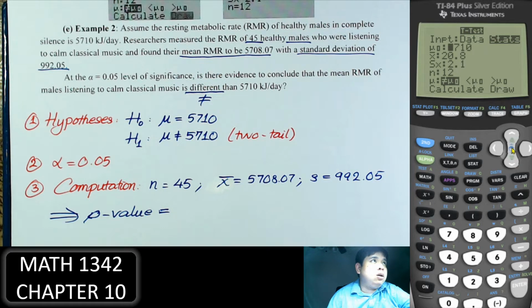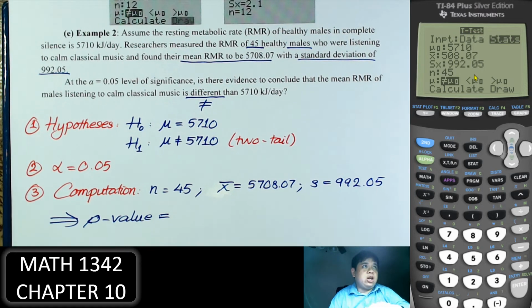Now, the sample information. The mean is 5708.07. Standard deviation 992.05, and n is 45. Let's check.